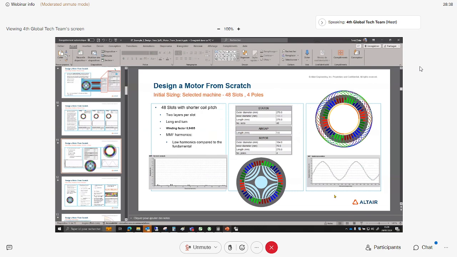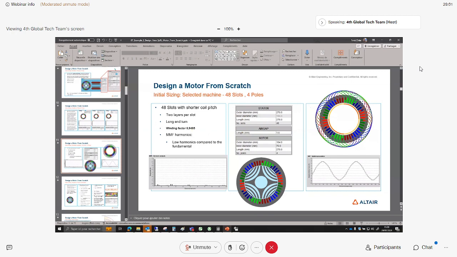So this is a recap of the configuration. We will keep the same dimensions, number of slots, number of poles, 48 slots, 2 layers per slot. We have no choice but to have this longer end turn.